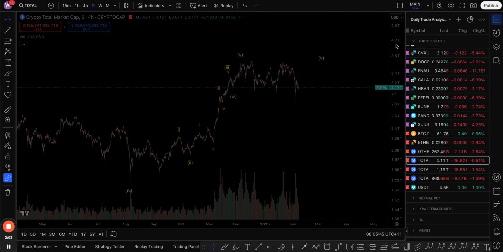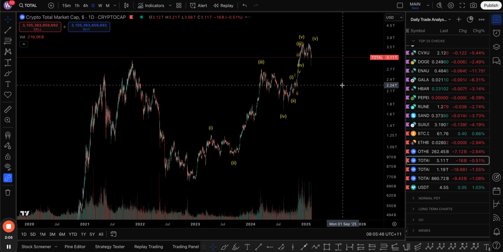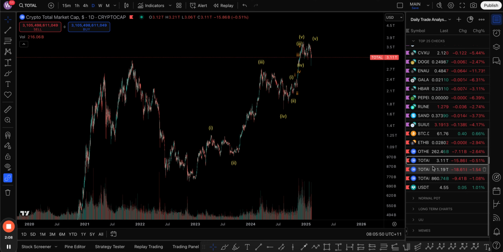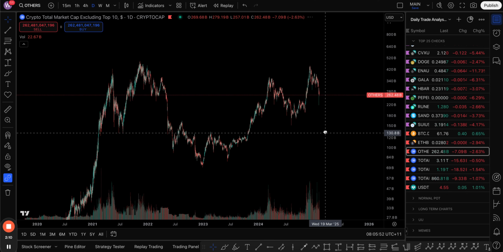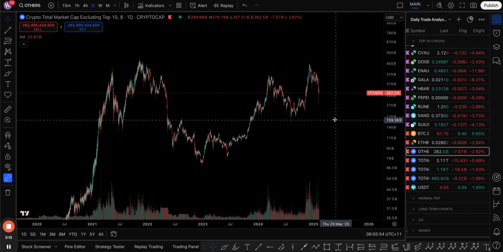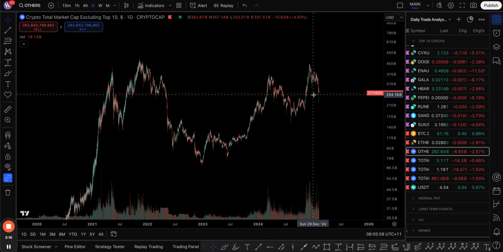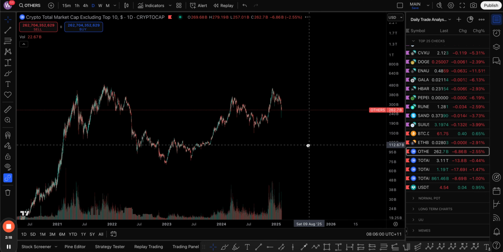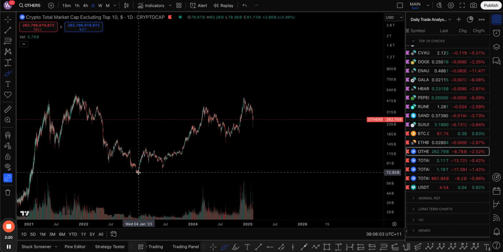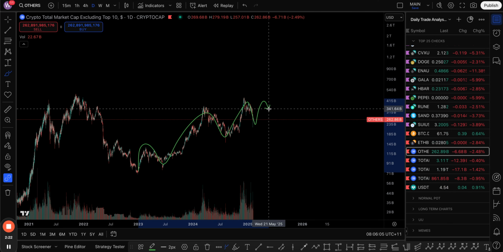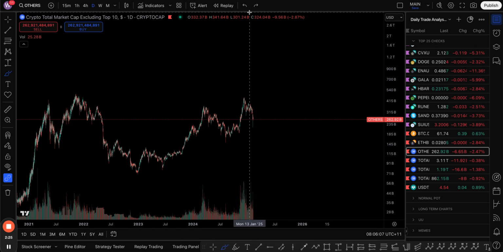What is quite interesting though is the total looks pretty much complete after we get one more high. With others and everything else, you can argue the case that it's actually complete, or this is going absolutely parabolic, to be honest, if you've got a series of build up of waves. Again, I need more price action for this to show out.